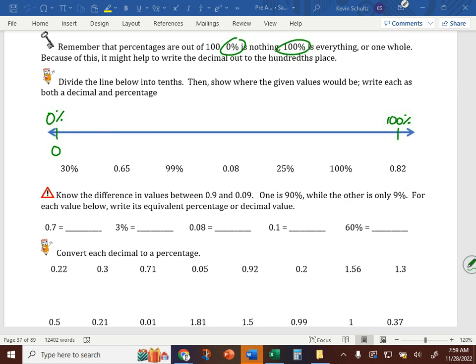You have everything. You have the whole, all of it. Nolan. Not 100. One. Okay? One whole is equal to 100%. 0 is equivalent to 0%. One whole is equal to 100%.